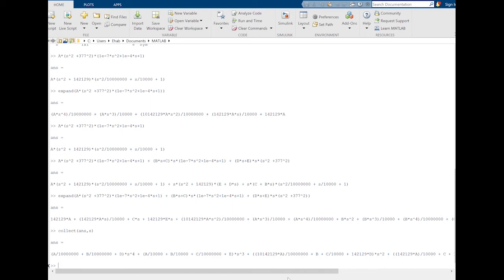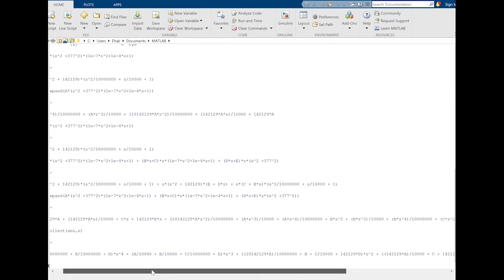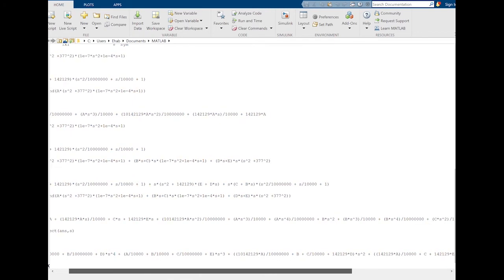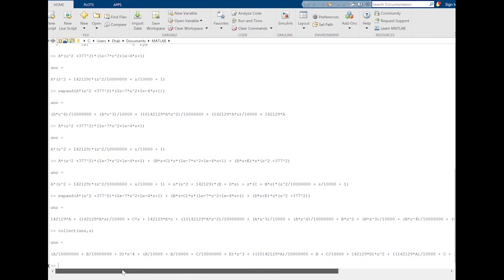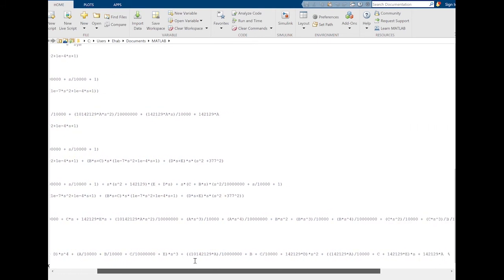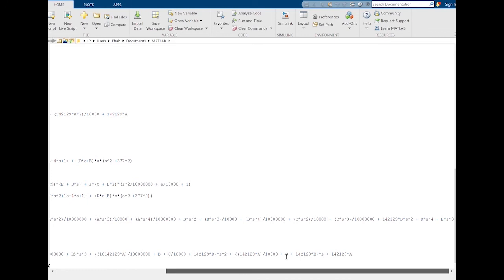I typically prefer Mathematica over those things. But yeah, there is a collect function. It allows you to collect everything as coefficients of s. So this is what the numerator polynomial would look like.